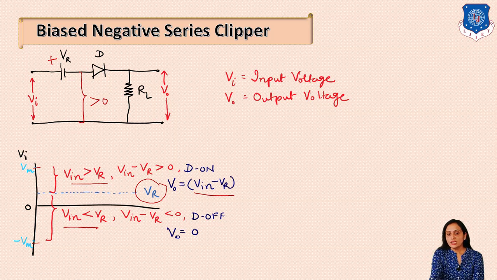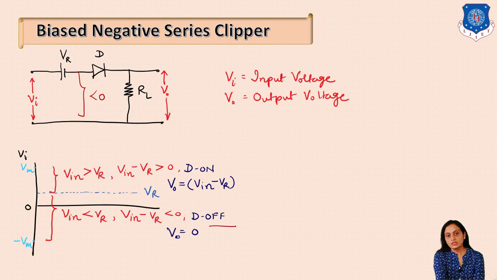So Vin minus Vr is less than 0 from this equation itself, and due to that the voltage is less than 0, and that's why the diode is off. As the diode is off, the voltage across RL will be 0. So this is the analysis for the input voltage range.